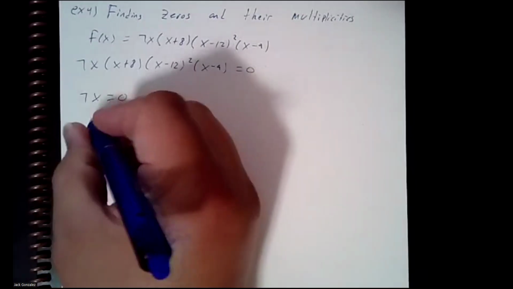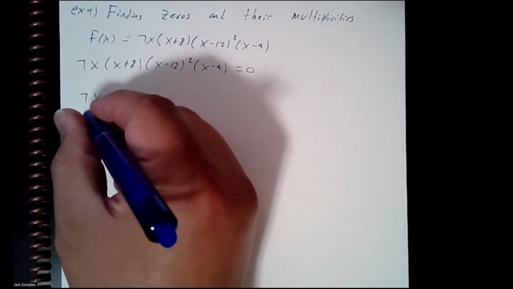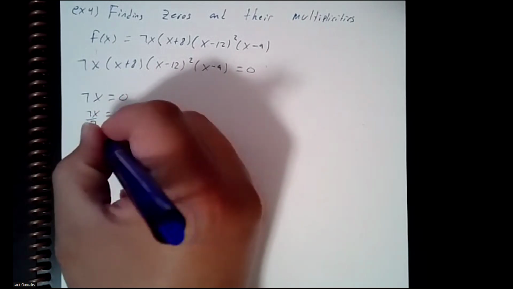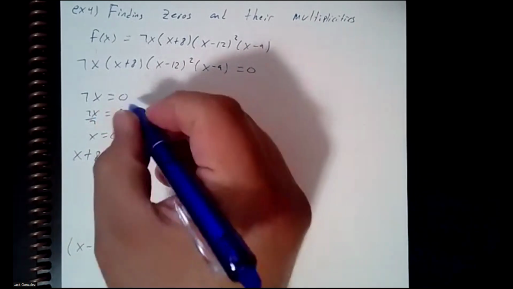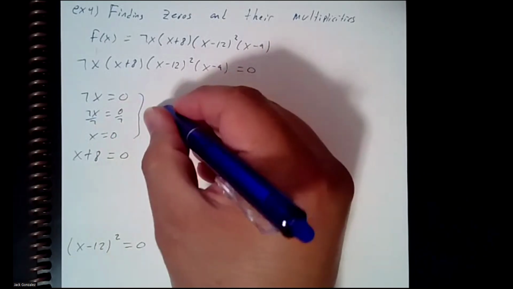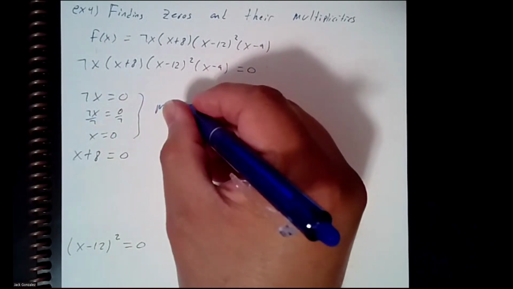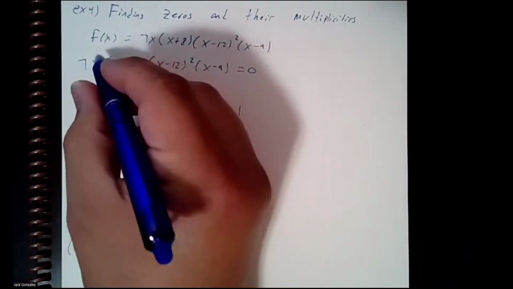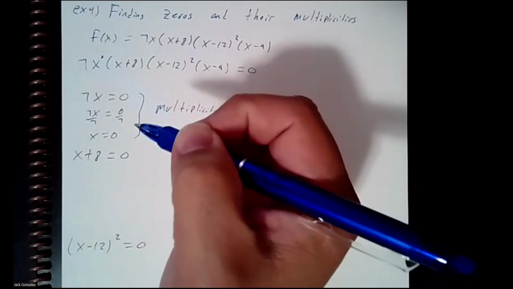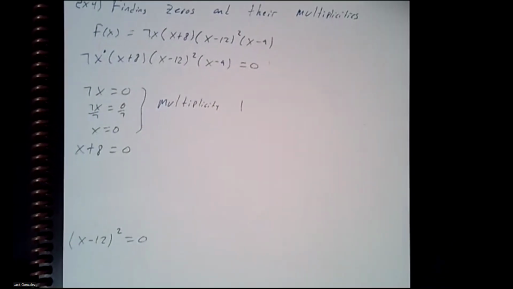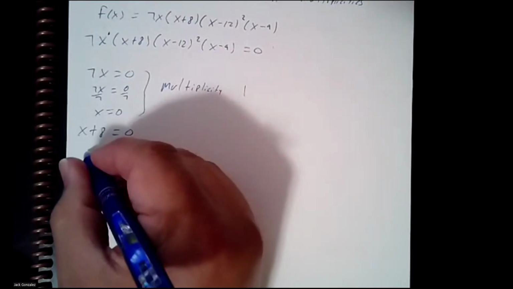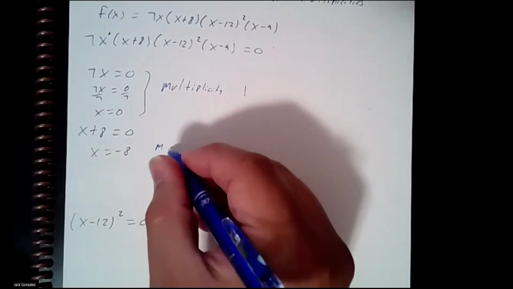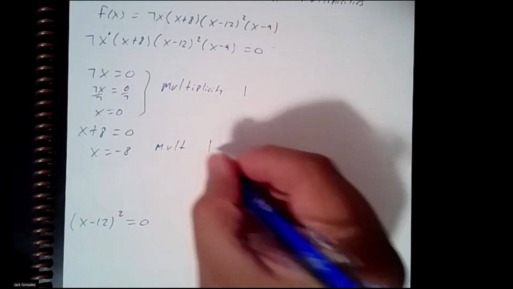Okay, so divide both sides by 7, right? You get 0. So this one right here has multiplicity 1 because this has a power of 1. That's it. This guy, same thing. Solve for x, right? Multiplicity 1.